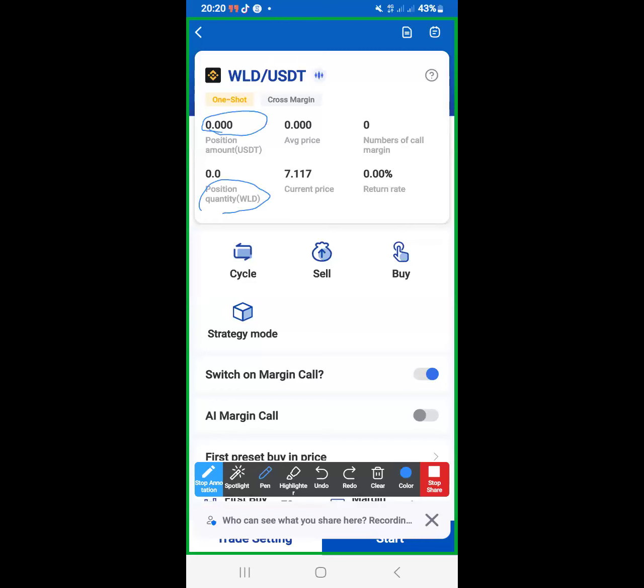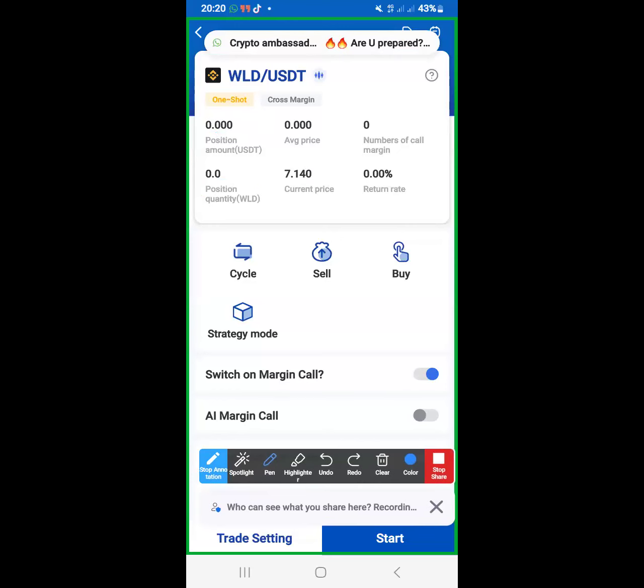For example, if here the position amount was $100, then depending on the price of the coin, the amount of coins that this USDT will buy is going to be reflected here. You get that?